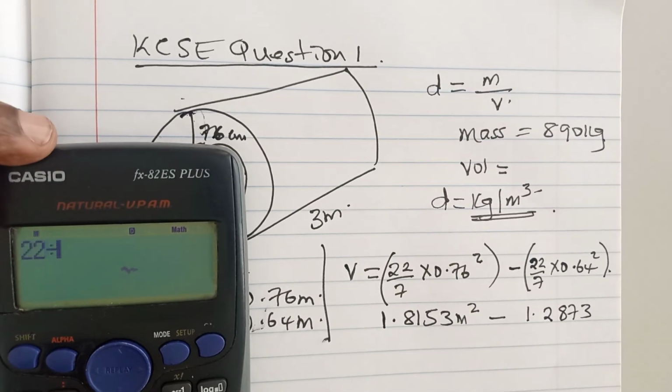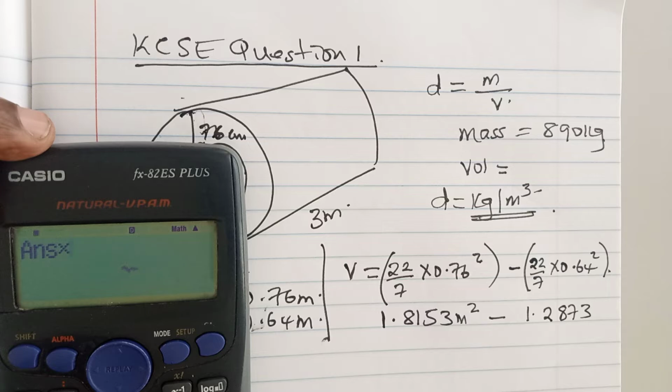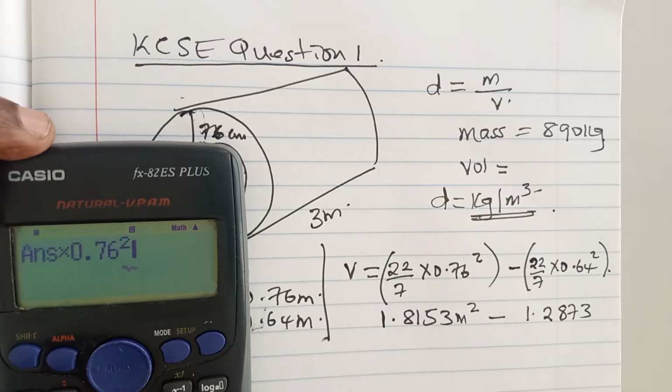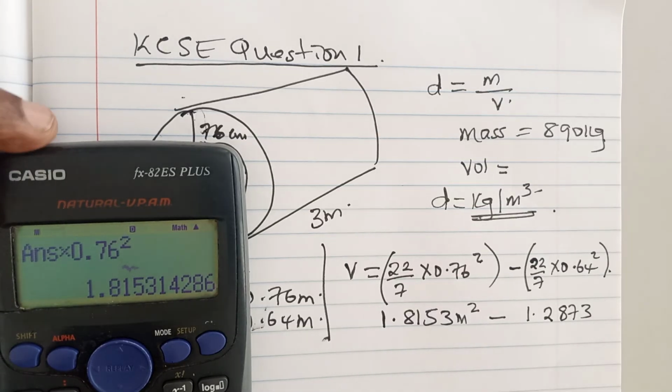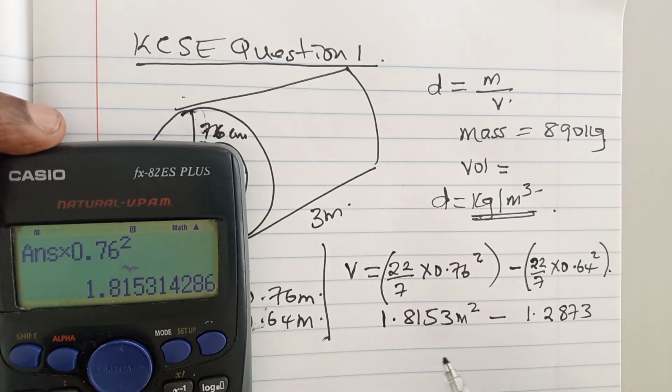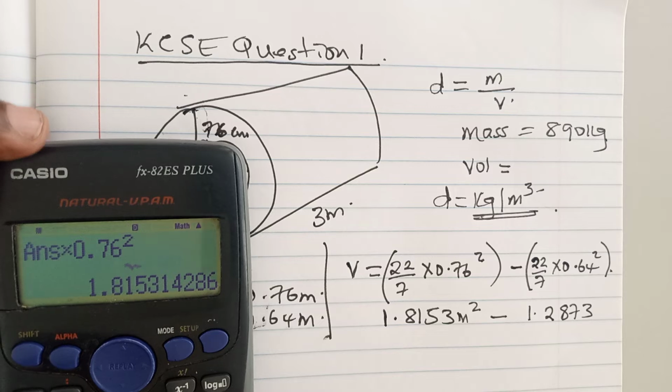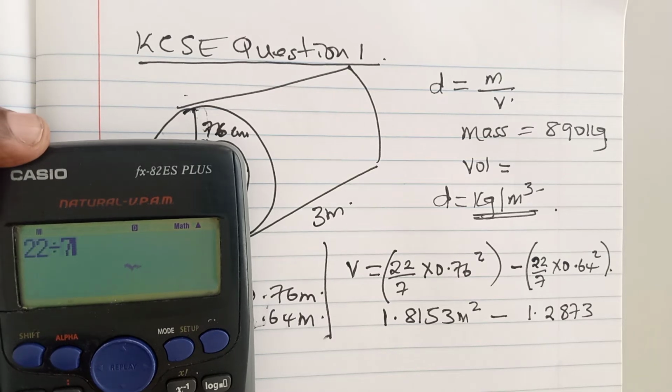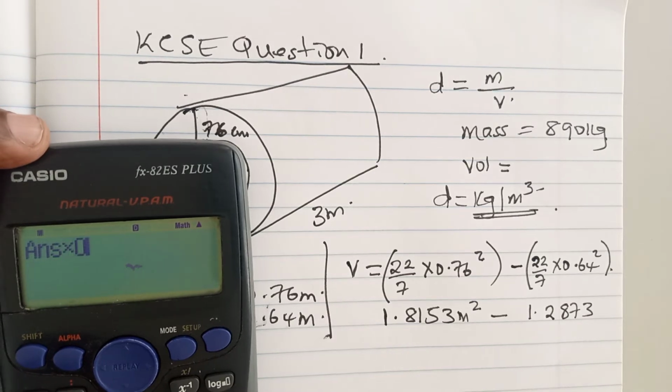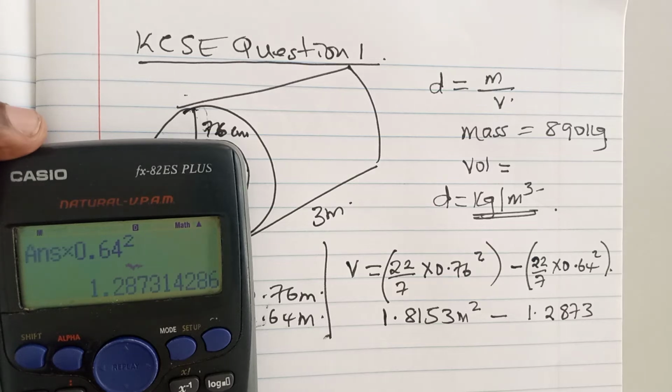22 over 7 times 0.76 squared, you get 1.8153, and that is true. 22 over 7 times 0.64 squared, you get 1.2873, and that is it.